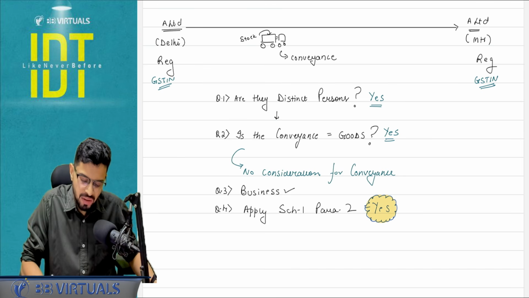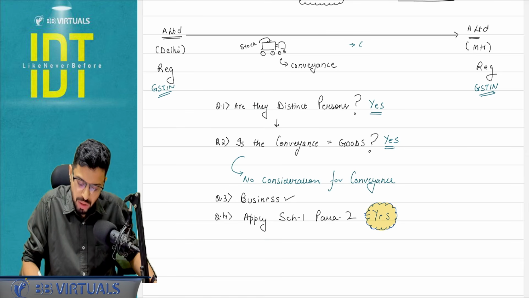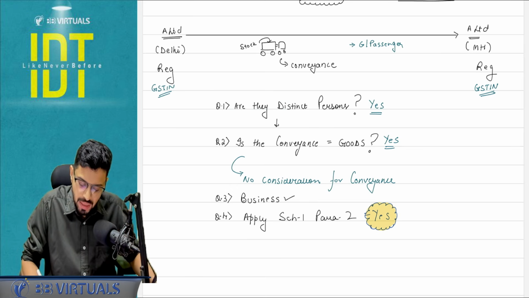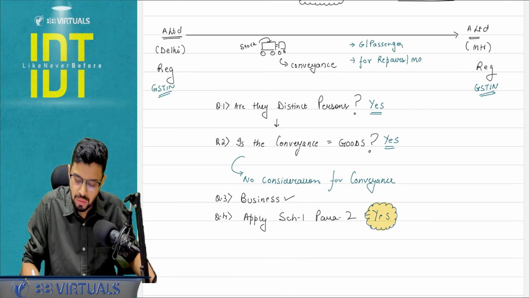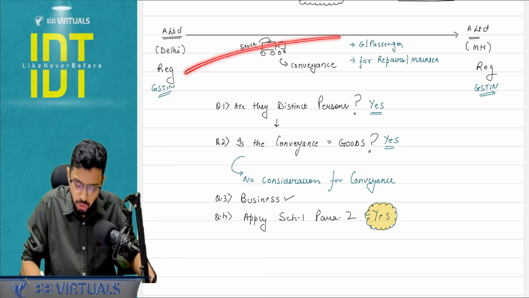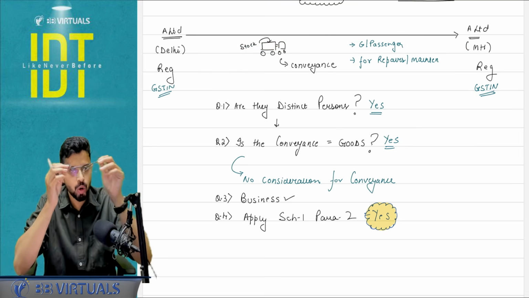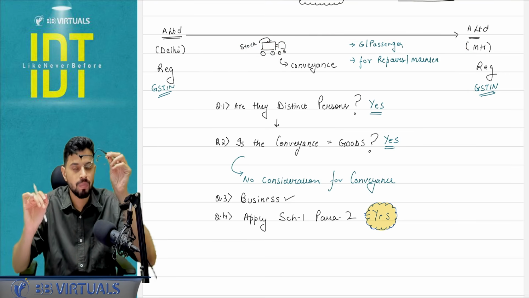That we know that conveyance is sometimes moved for the purpose of transport of goods or passengers. Sometimes there are your employees which are being transported from here to there. Or sometimes the conveyance is moved for the purpose of repairs, maintenance. Meaning the truck will move from Delhi to Mumbai, and in Mumbai there is certain repair maintenance that is going to happen in a nearby workshop.